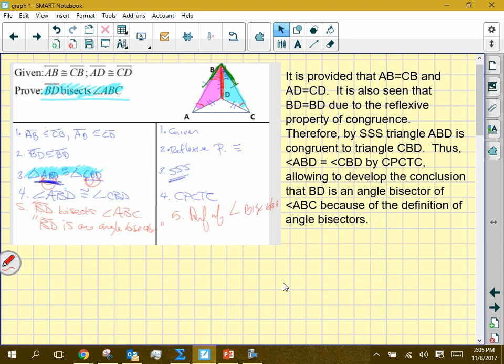Okay. Now I say, comma, allowing you to develop the conclusion that BD is an angle bisector of ABC because of the definition of angle bisector. You could have also said, therefore, it is shown that BD is an angle bisector by the use of the definition of angle bisectors, or you could say, therefore, it is proven that BD is an angle bisector. You can phrase things a little bit differently. Does that make sense? Yes.